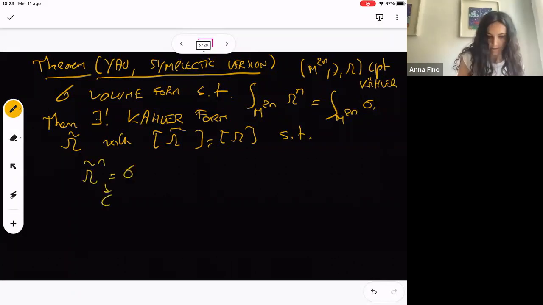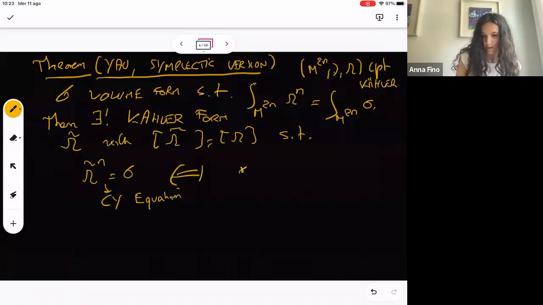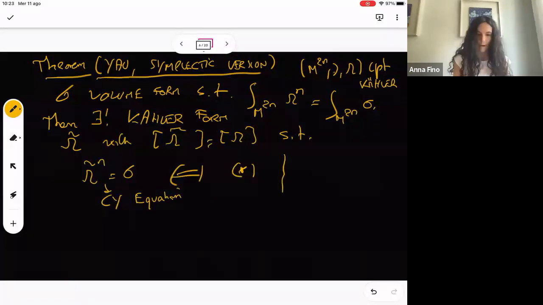That's what is usually called the Calabi-Yau equation. We just write it down in terms of volume. And this is equivalent to this system, essentially, that I call star. So how can we write that? Omega tilde minus omega, since they are in the same class, the difference is an exact form.